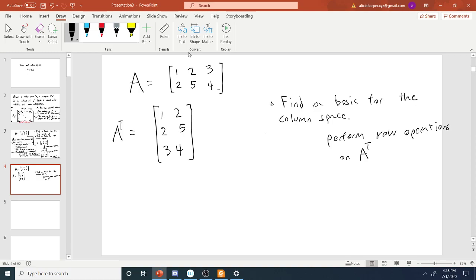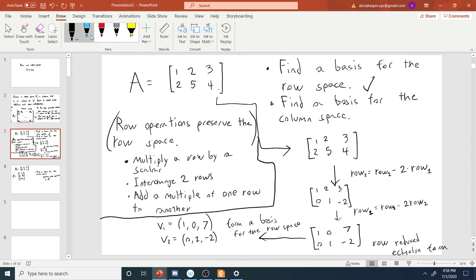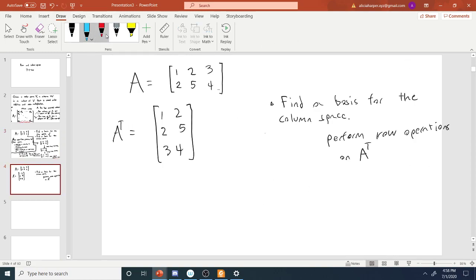And the key reason I'm doing this, just to spell it out in detail, is that the row space of A transpose is the same thing as the column space of A. By this I mean there's a natural way to identify them, but I don't really want to get into that in more detail at the moment.